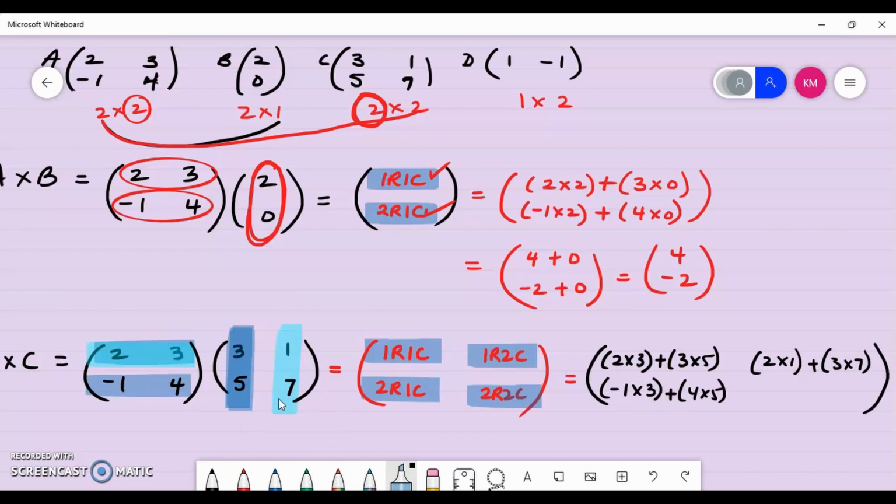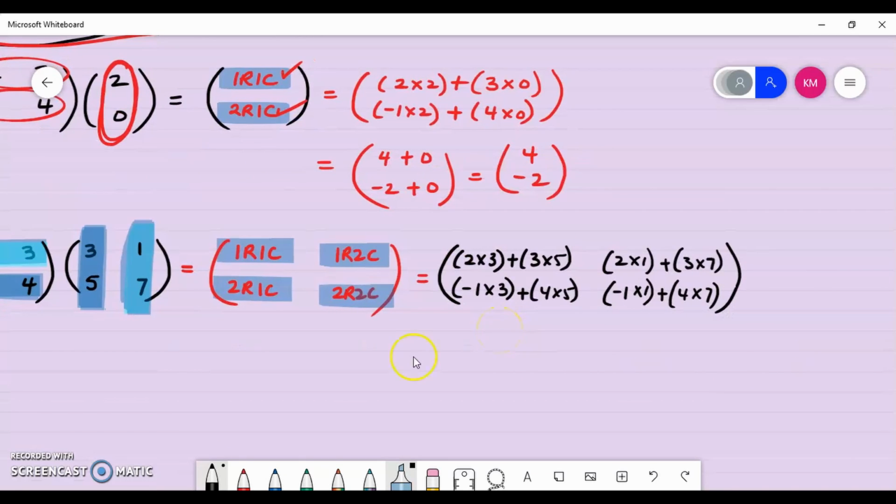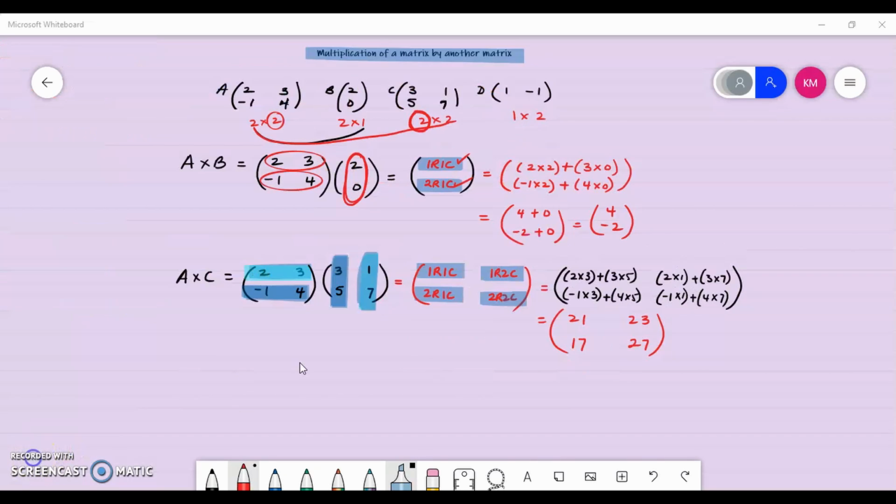So it's going to be that second row by second column. So here now I will write -1 by 1 plus 4 by 7. And then we simply evaluate. And there you have it, 21, 23, 17, and 27.